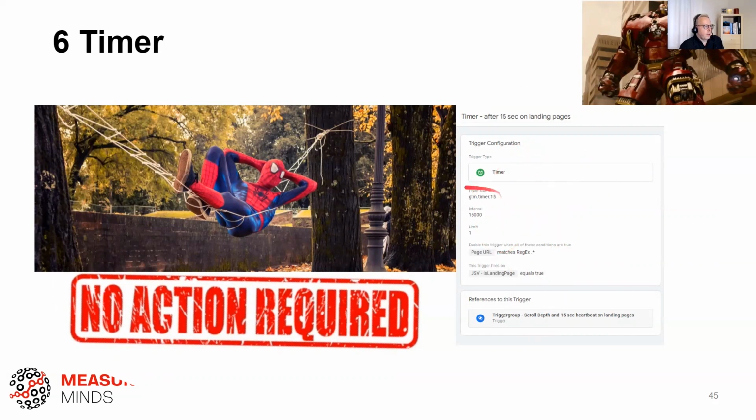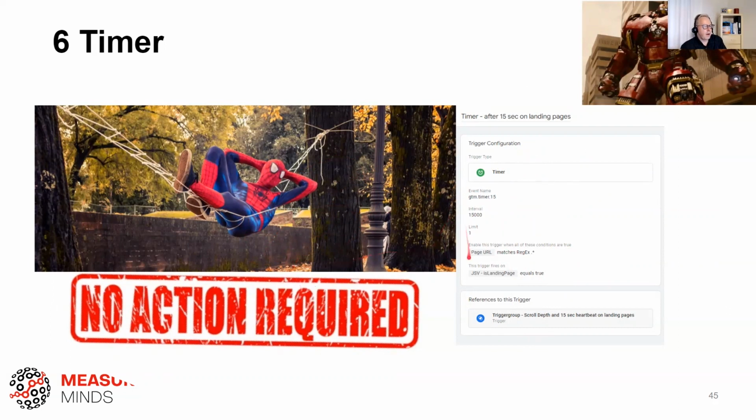The reason I've put no action required on this one is we can't actually stop the timer or user engaged event in GA4, because there's no setting to turn it off. So there's nothing I can do here. There's not a toggle to disable it, unfortunately.